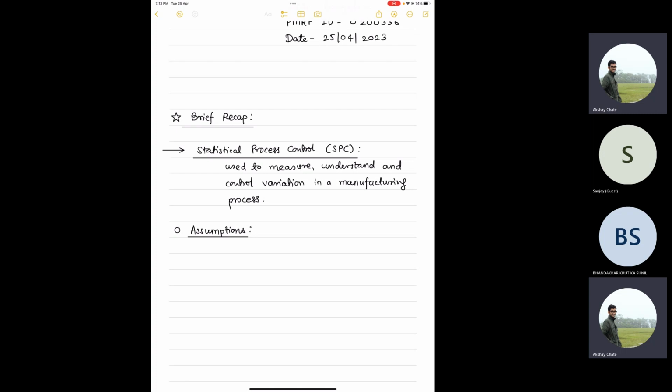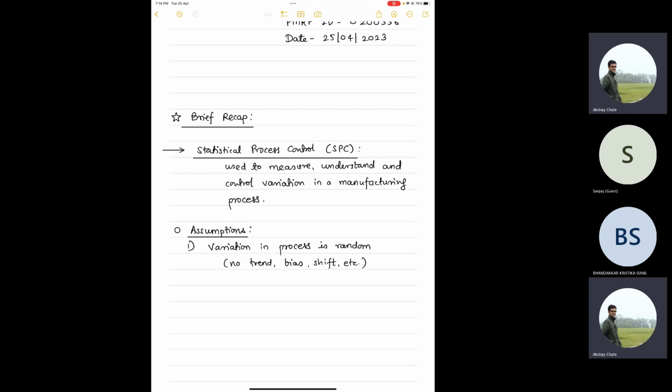The variation in the process that we are going to study is random. So there should be no trend, bias, and shift, etc. In the data that you are going to get, you assume that it is a random distribution.